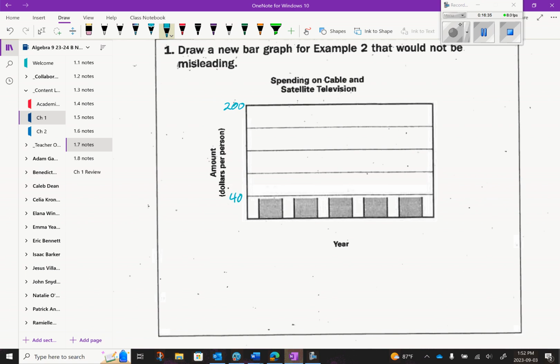So this is $40, this is $80, this is $120, this is $160, and then that top one is 200. So this hopefully is not going to be misleading, because we're going all the way from 0 up to 200, and each one of those spaces represents the exact same difference in dollar amounts.